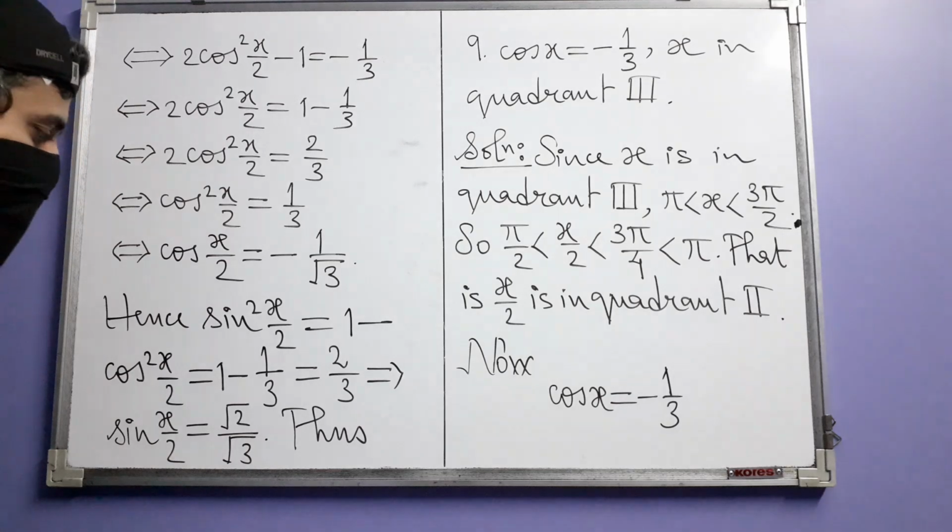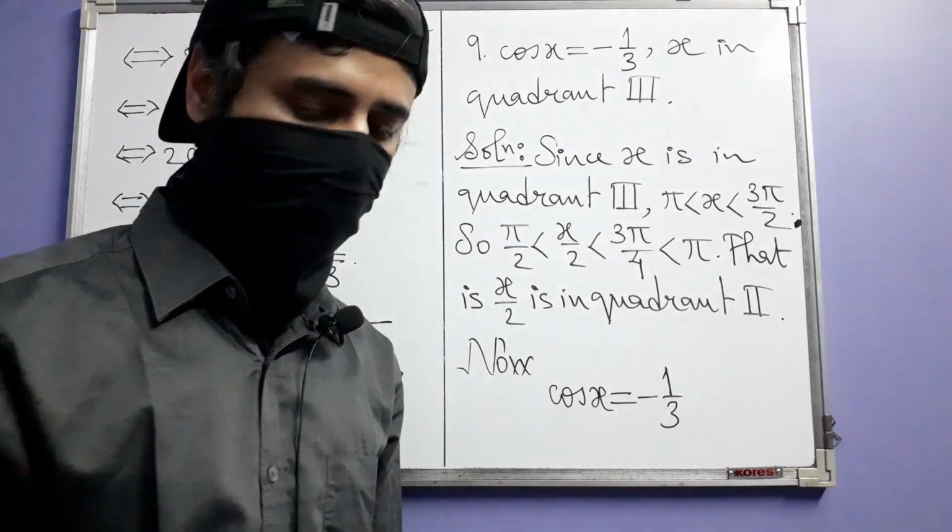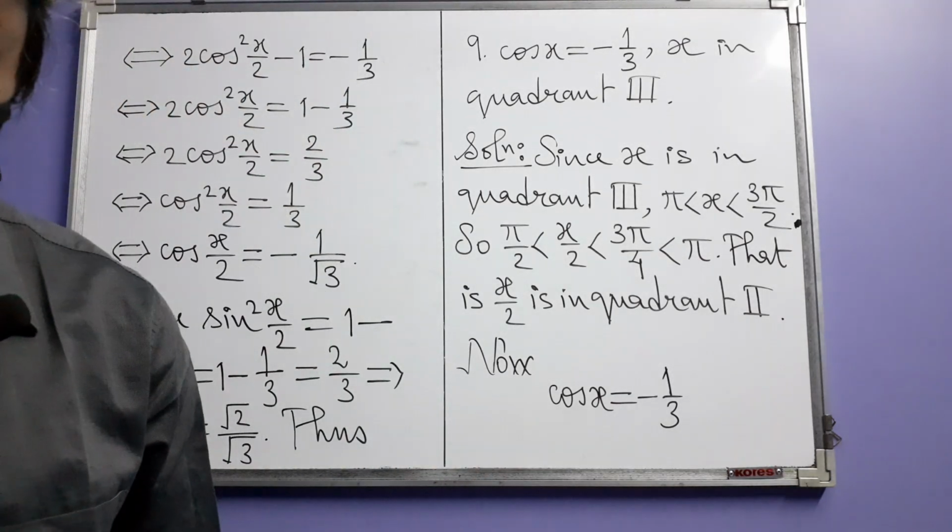Thus, to now find tan, you just divide sin by cos.